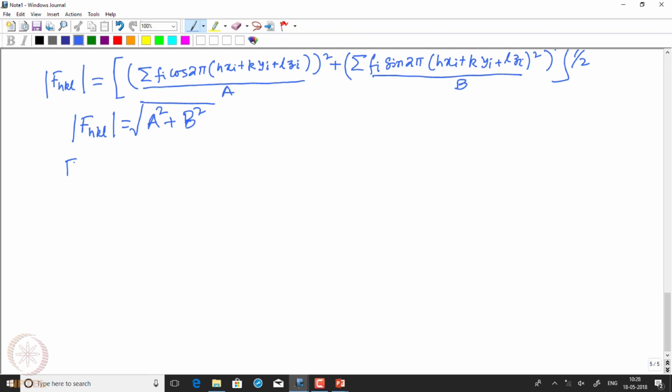So, one can write FHKL equal to A plus iB and alpha HKL is equal to tan inverse B by A.